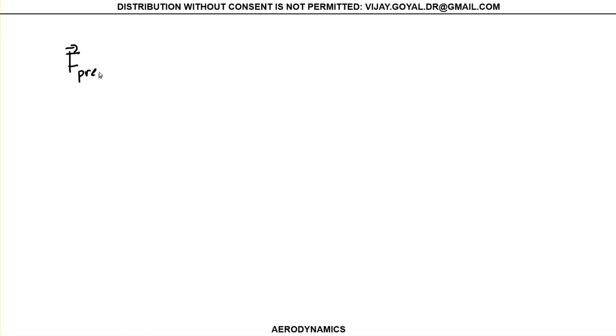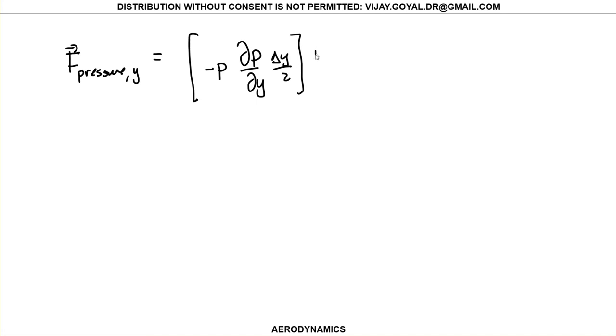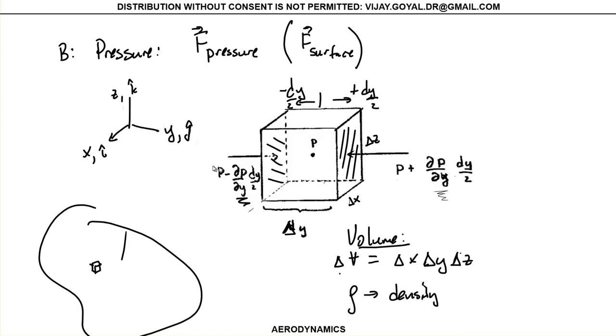Let's call this the pressure in the y direction. I can have minus partial of p with respect to y, delta y over 2, dx dz. So this is acting in this direction. This is acting in the opposite direction.